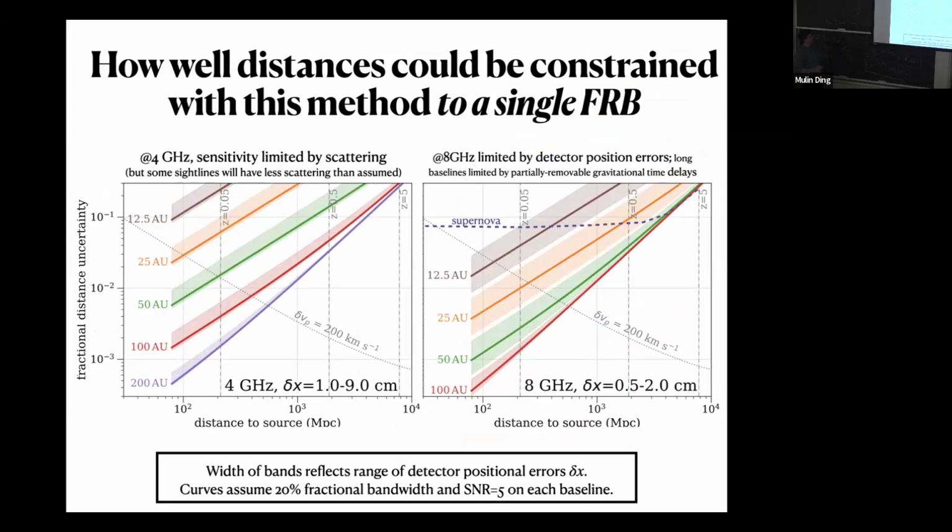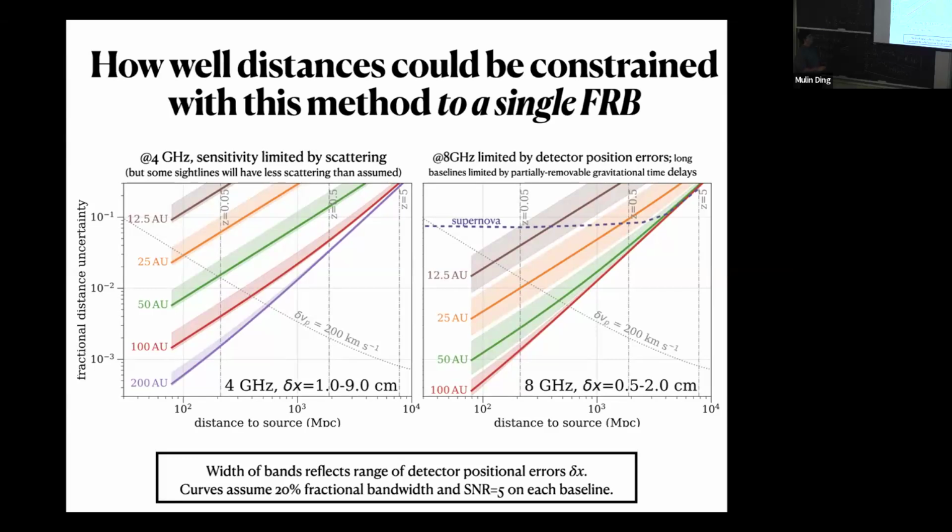Here are the estimates for how well you can constrain things. Let's say we had 25 AU baselines, observing at 4 gigahertz, and the width of the band is how well you can constrain your detector position. The top of the width is 9 centimeters error on your detectors. At 25 AU and 100 megaparsecs, maybe your error is a couple percent.